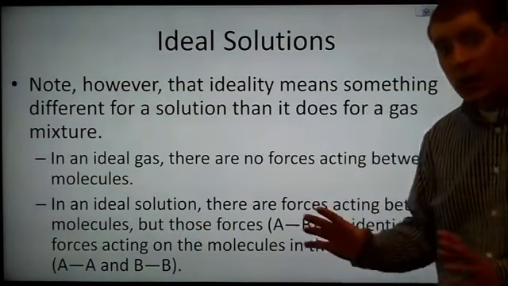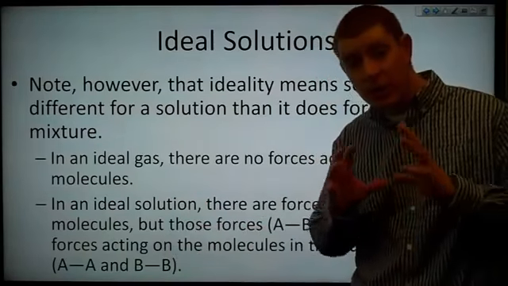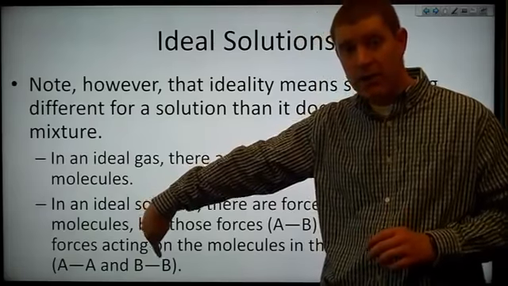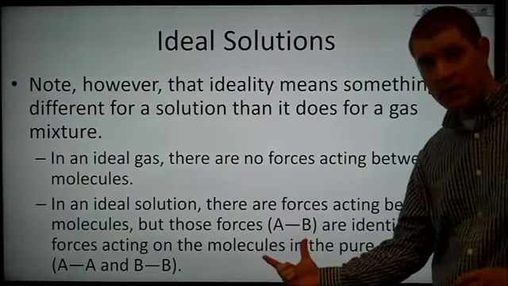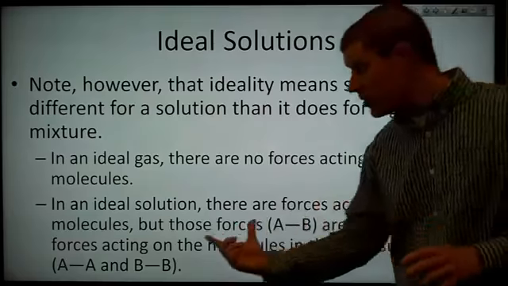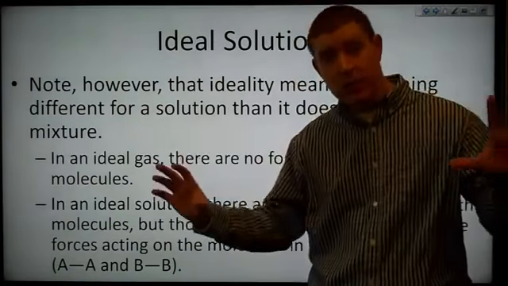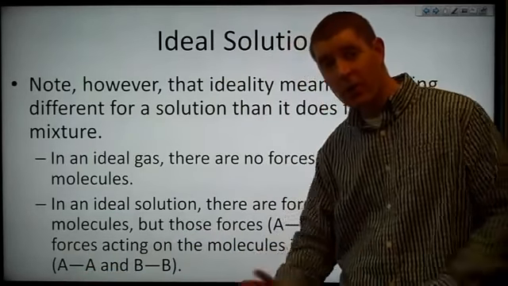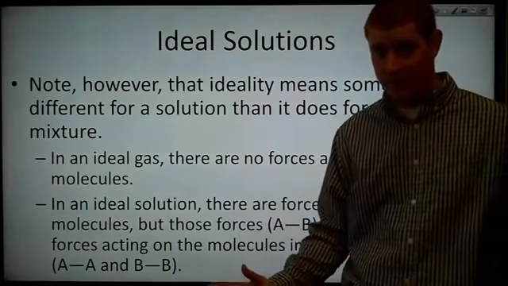So again, this is why, if A and B are very similar structurally, then the AA and BB interactions are going to be fairly similar, and that also means that the AB interactions are going to be pretty similar to those interactions. If, on the other hand, A and B are very different structurally, then the AA interactions and BB interactions are going to be very different than the AB interactions, and our solution won't be ideal.